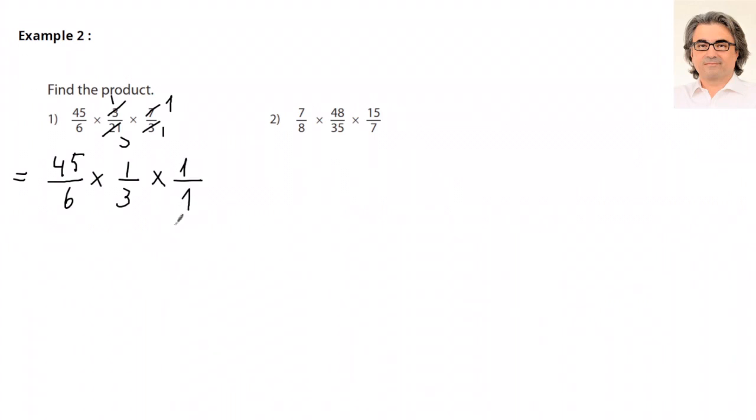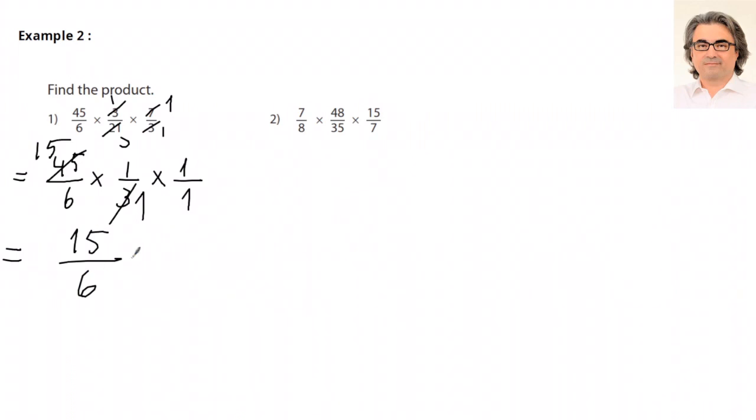There is no effect of them. 45 is divisible by 3. If you divide 3 by 3, you will get 1. If you divide 45 by 3, you will get 15. And finally, 15 times 1 times 1 is 15. 6 times 1 times 1 is 6.